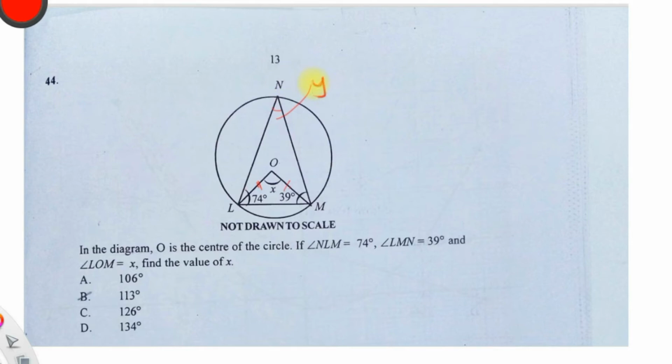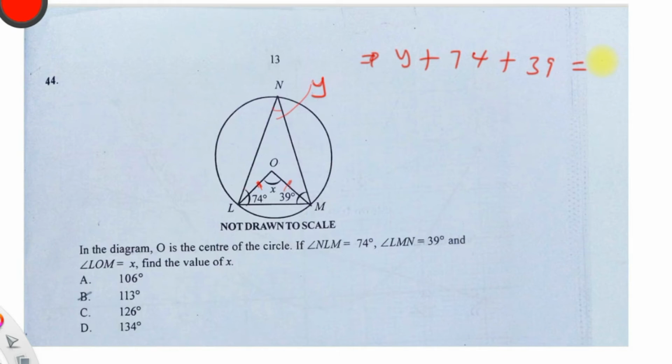Then in the triangle LMN, if we add all the angles in the triangle, we get 180 degrees. So this implies that y plus 74 plus 39 will give us 180 degrees.